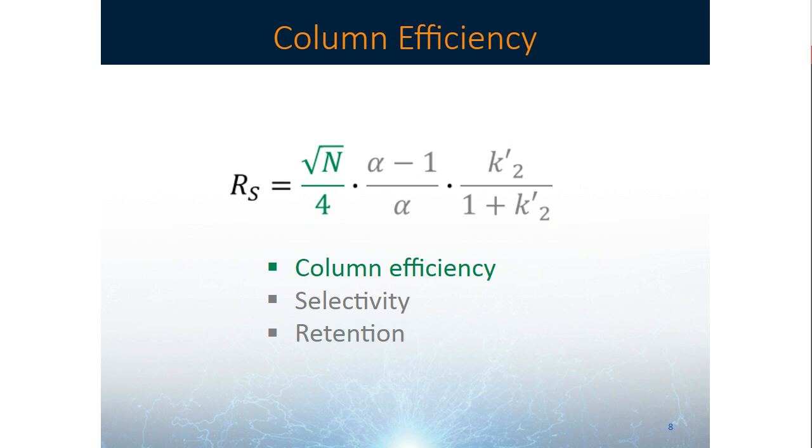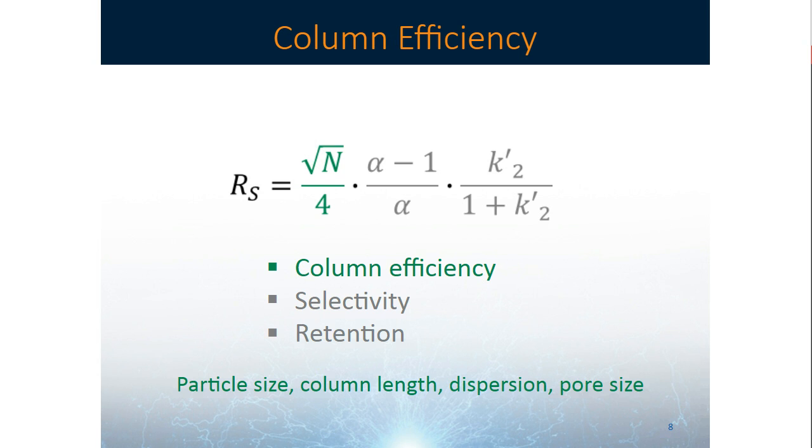And what is column efficiency impacted by? So you have particle size, which affects efficiency, the column length, of course, dispersion, and sometimes even the particle pore size can impact the efficiency that you see for your separations.